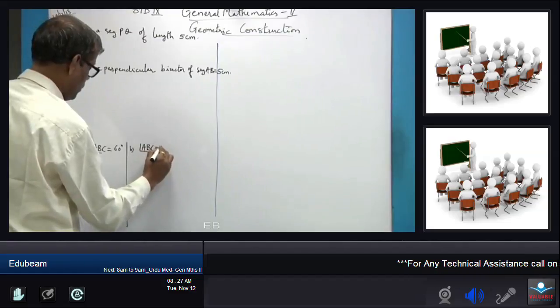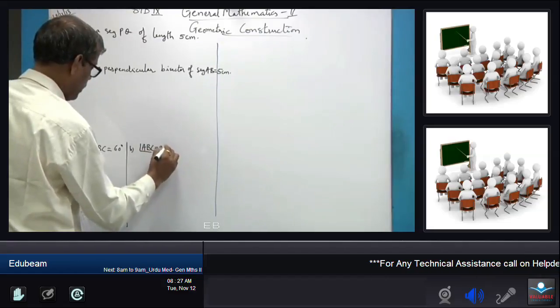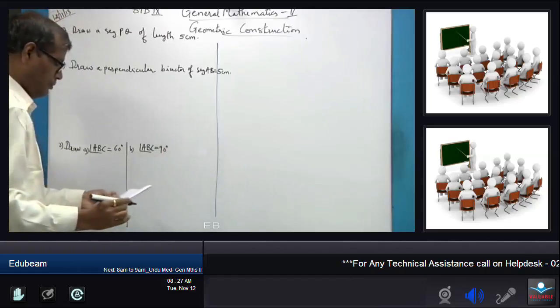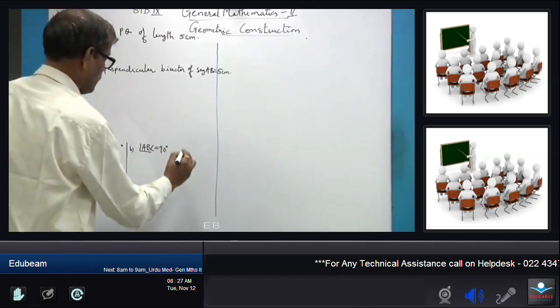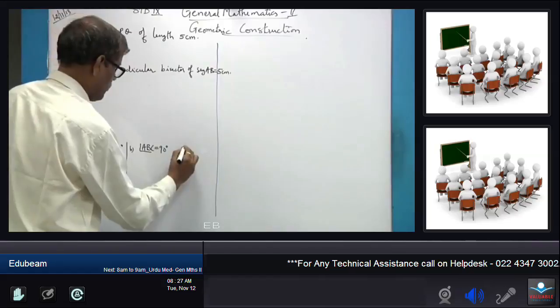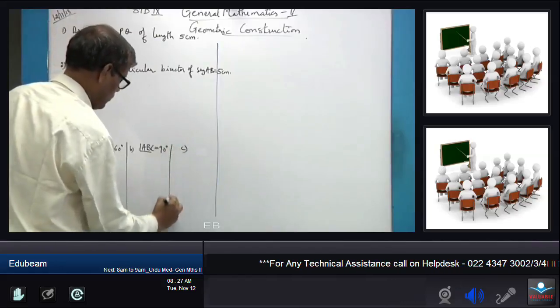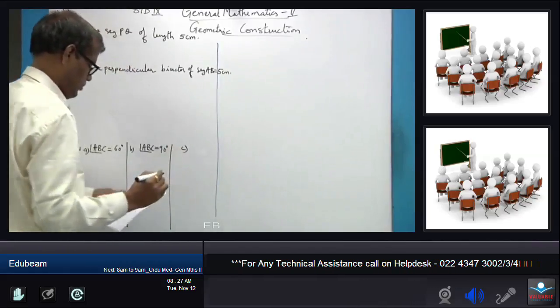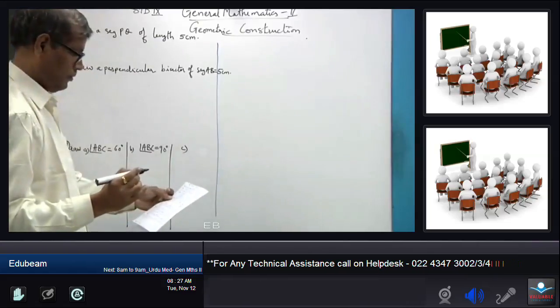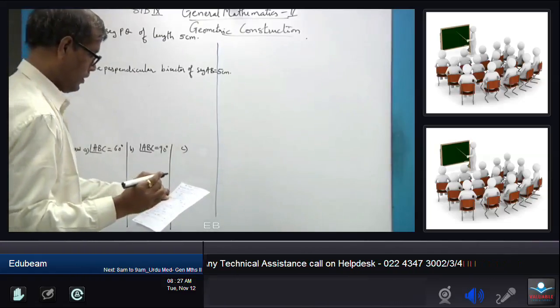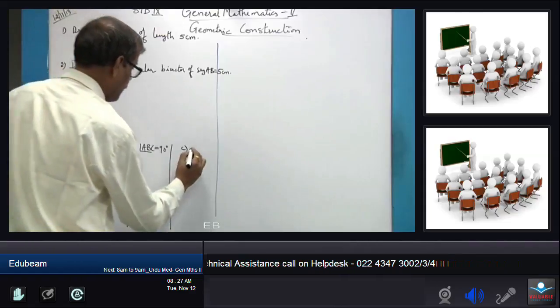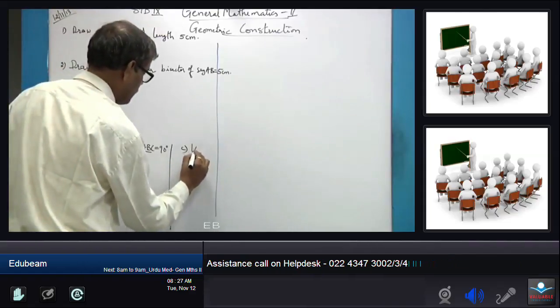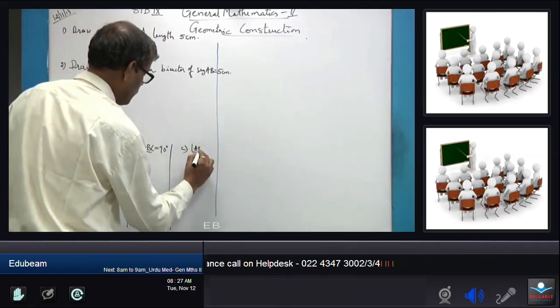Let's see how we will do these questions on the board. The very first one is: draw a segment 5 centimeters. Segment PQ is equal to 5 centimeters.